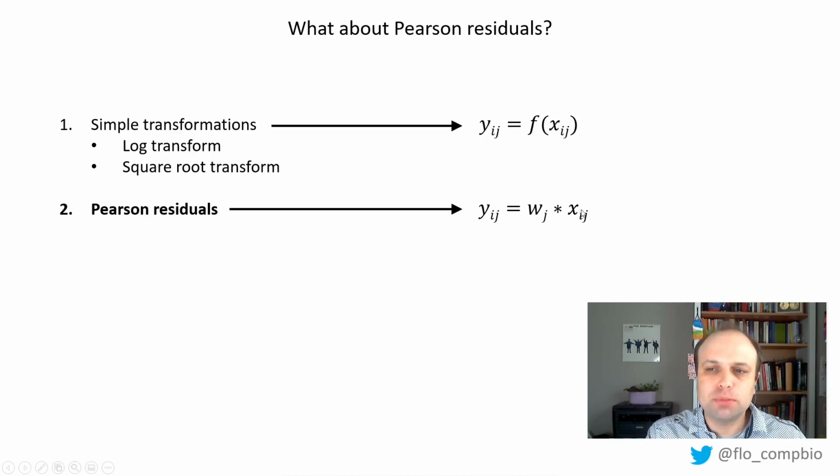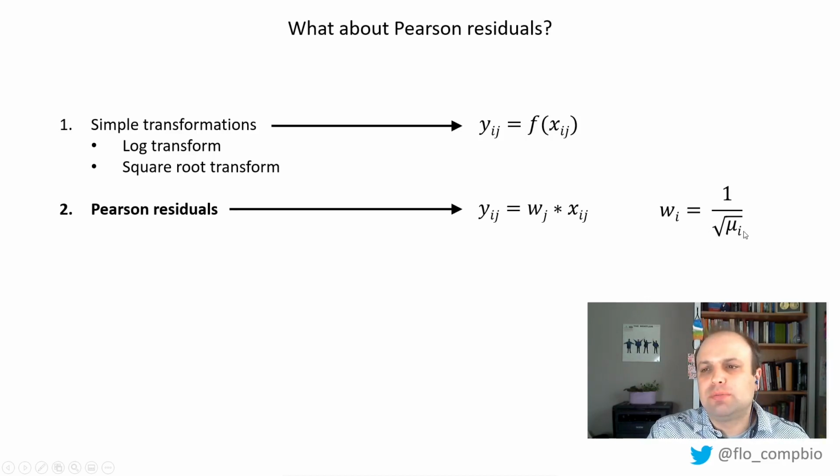Instead, you're multiplying each measurement by a weight, and this weight is gene-specific. You're picking a number and multiplying all the expression measurements from one gene with this weight. So how do you choose this weight? For Pearson residuals, this weight is just the inverse of the square root of the mean that you measure for this gene.